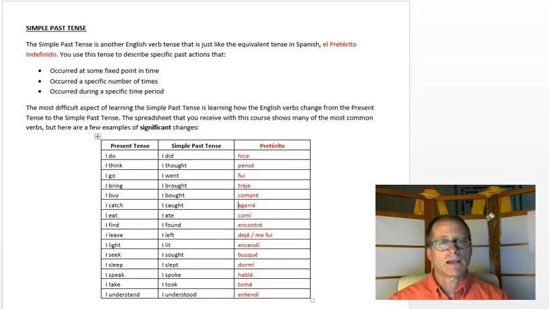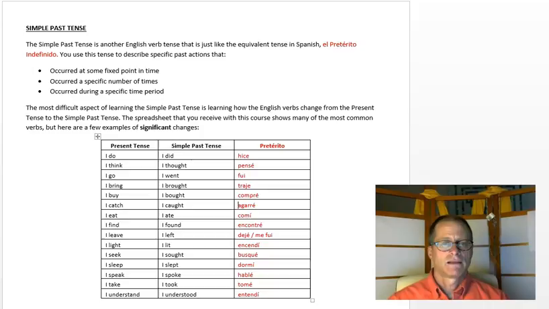In the past, I thought. Pensé. I go becomes I went to the store. Fui in el pretérito. I bring becomes I brought. Traje. I buy. I bought. Compré. I catch. I caught.